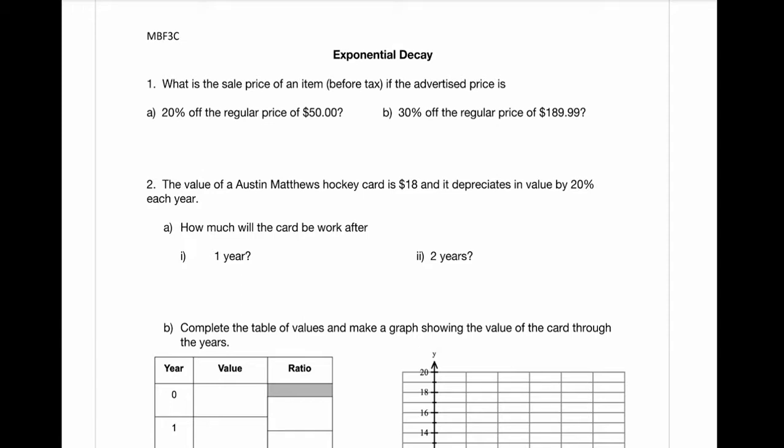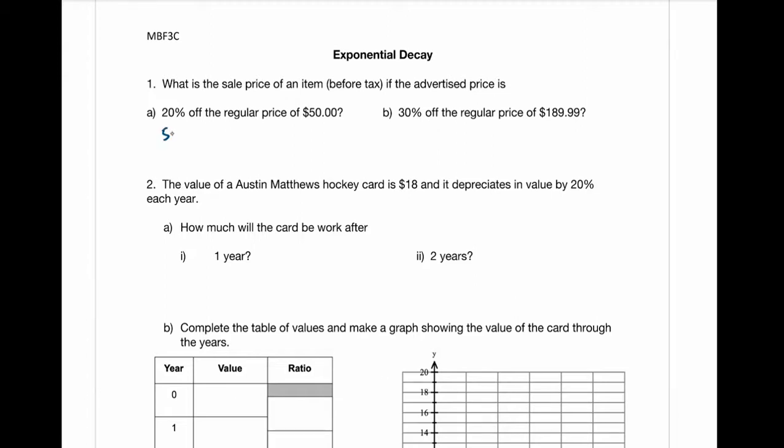So just to start us off, what is the sale price of an item before tax if the advertised price is A, 20% off the regular price of $50? So if I want to figure out what the sale price of this is, I need to figure out what is 20% off of $50. So there's one way I can do it.